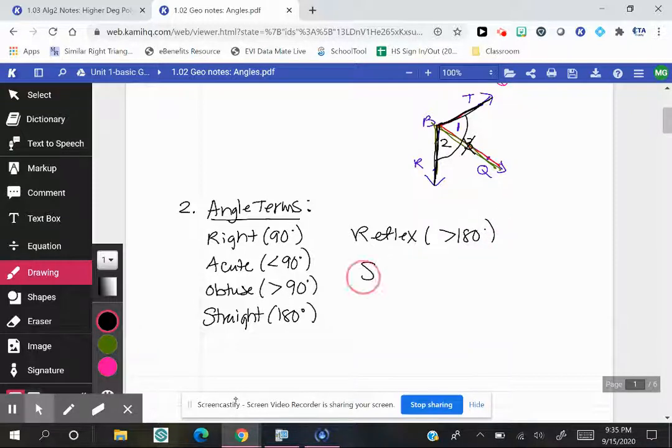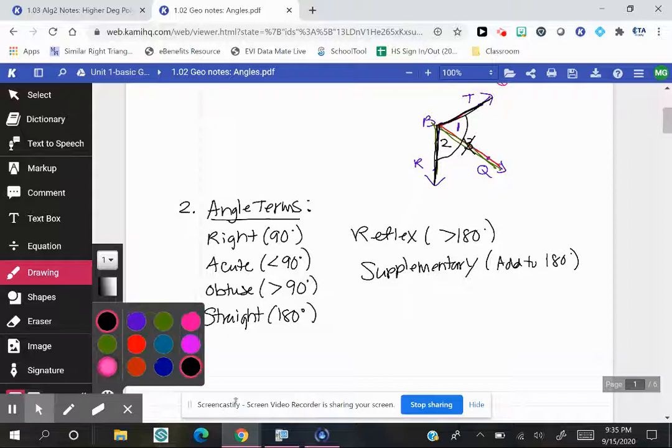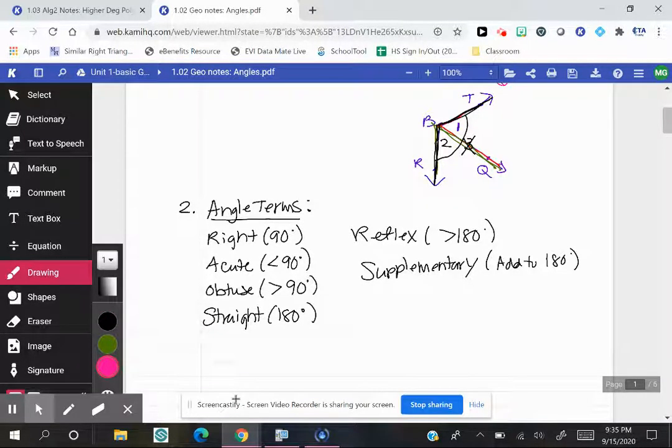You could have supplementary angles. Supplementary angles means that the angles add to 180 degrees. One way that somebody showed me once to help you remember that supplementary is 180, think about making your S into an 8 and the U kind of into a 0. And then you just put a 1 in front. So 180 you can kind of make out of those beginning letters.